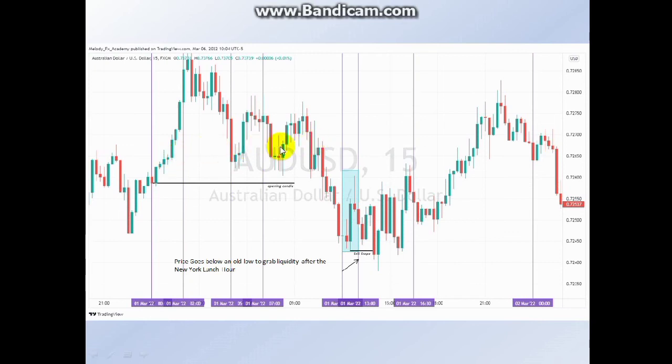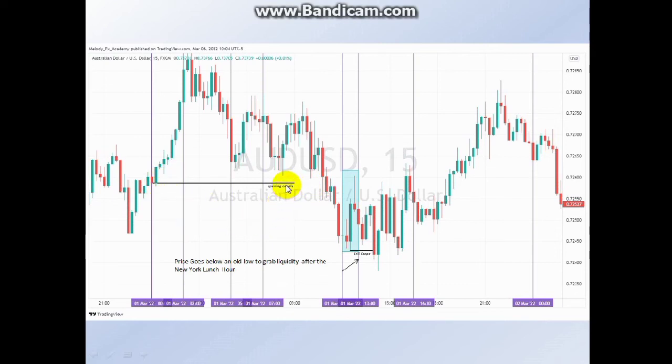Remember I told you, if we are looking for our entry on bullish days, we are going to be looking for our entry at the opening, or a higher probability trade setup should be below the opening candle of that trading day.